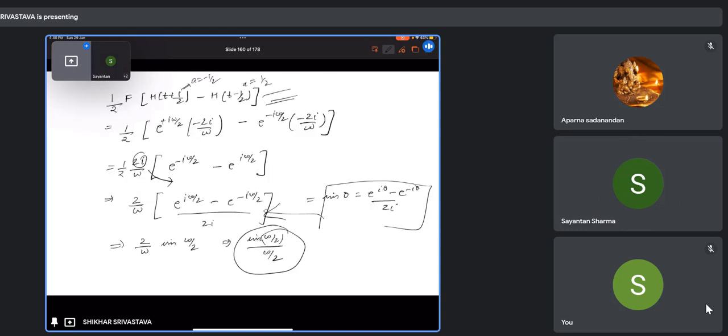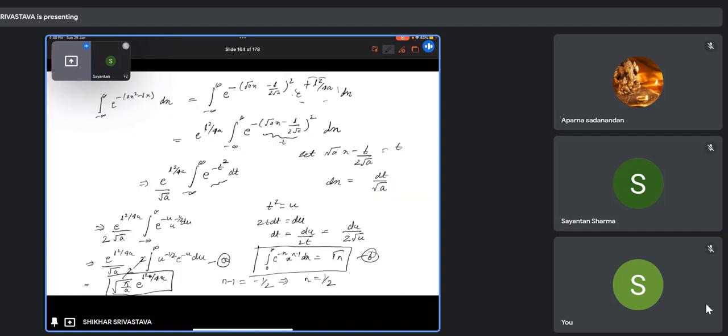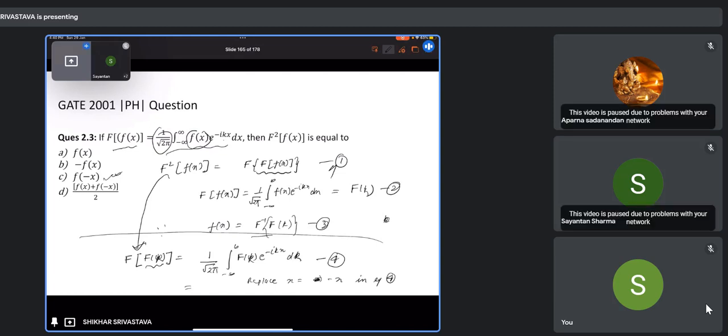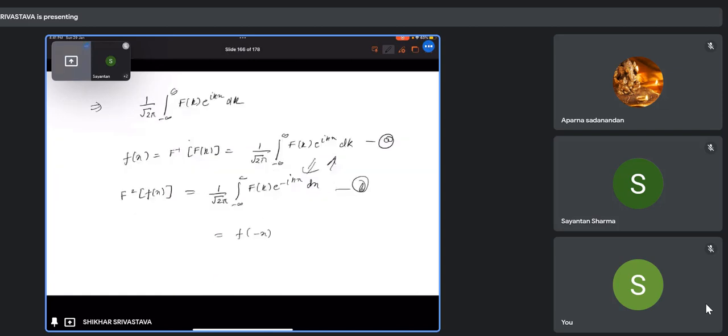But I have not understood the physical significance of taking the Fourier transform of the Fourier transform. I think it's just a mathematical approach, just for the fun of solving. You can always ask someone else, or do your own research, maybe refer to a good book. But till now, I have not seen anywhere the application of f square.